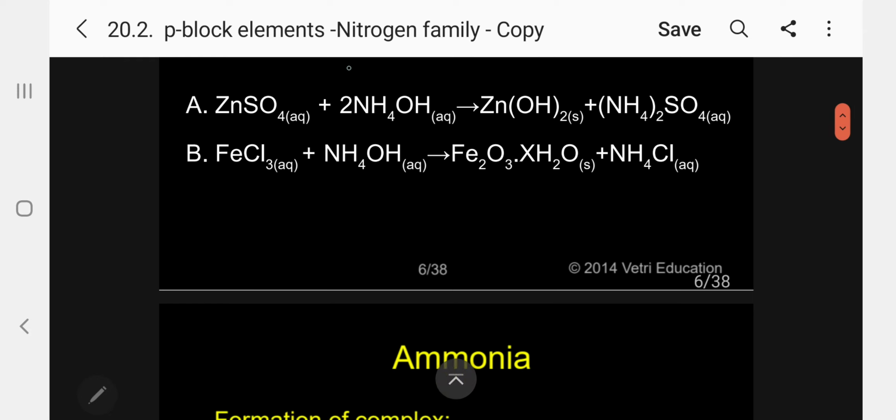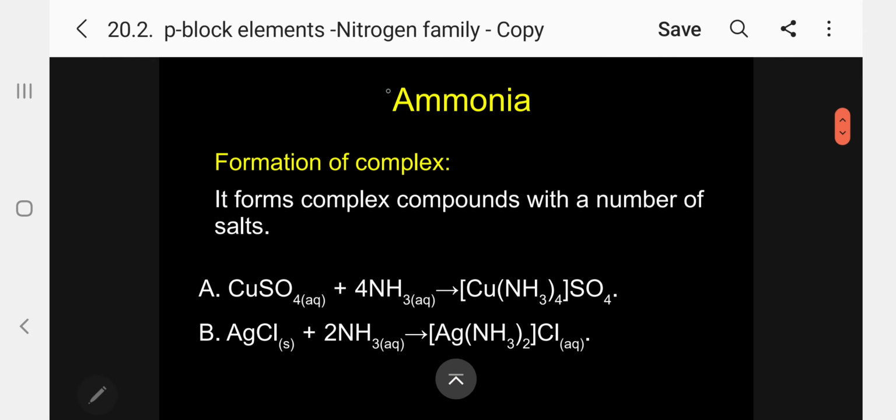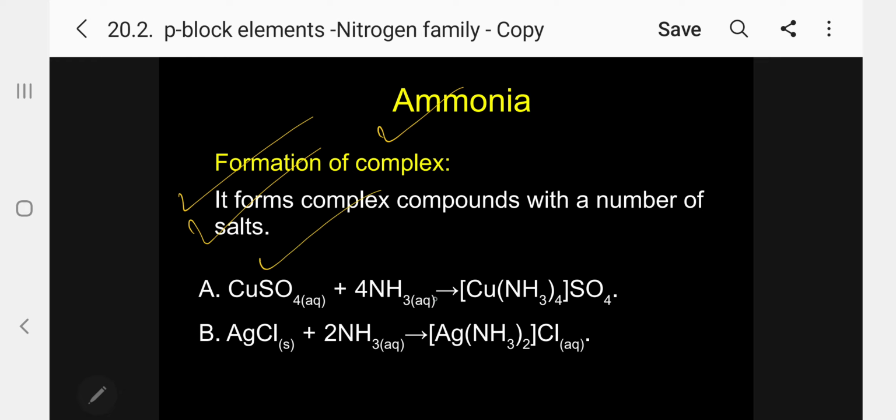Please follow. Another interesting piece of information is formation of complexes. Ammonia forms a number of complex compounds with a number of salts, because it has a lone pair. For example, copper sulfate reacts with 4 moles of ammonia to form tetraamminecopper(II) sulfate.